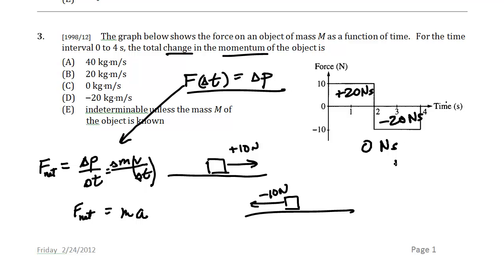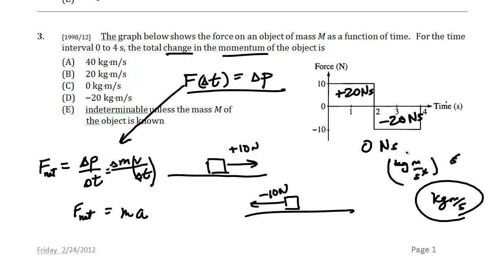A Newton second is the same as kilogram meters per second squared times second, which is a kilogram meter per second. Again, it has to be that, otherwise this relationship of impulse, force times time equaling change in momentum, wouldn't make any sense if the units were different.